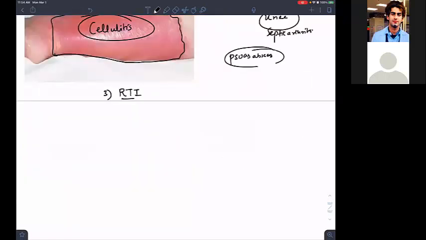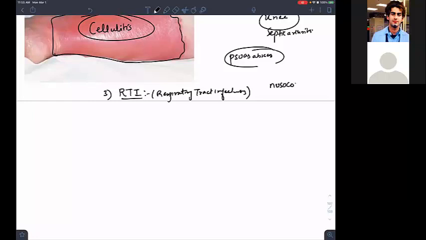Respiratory tract infections. It's not the Right to Information Act, it is respiratory tract infections. What can it cause? People in intensive care units on a ventilator can get a pneumonia called ventilator associated pneumonia. Or a nosocomial pneumonia; nosocomial means hospital acquired.